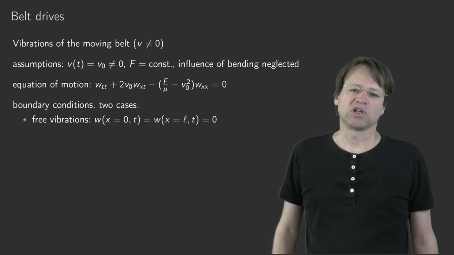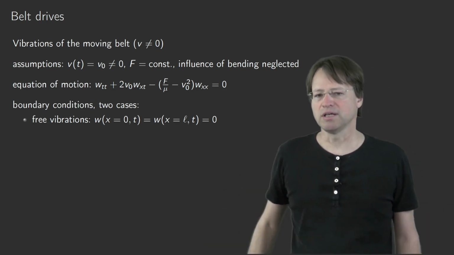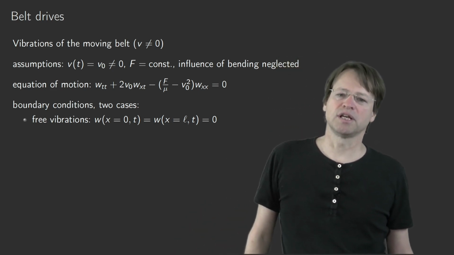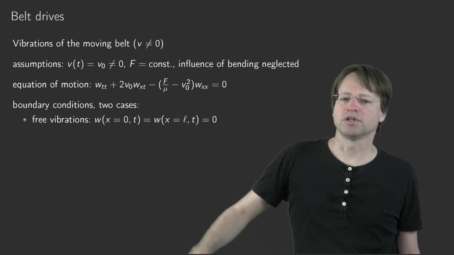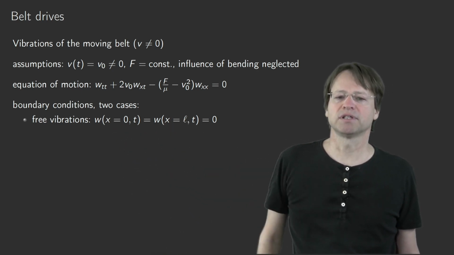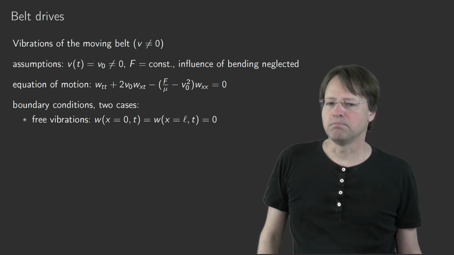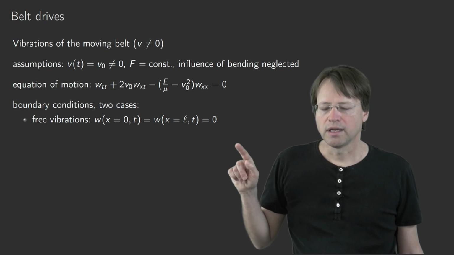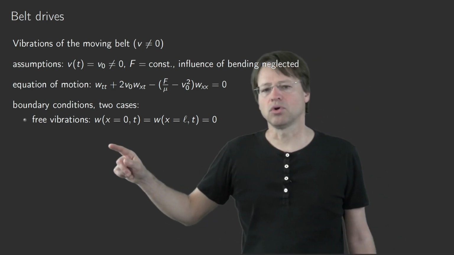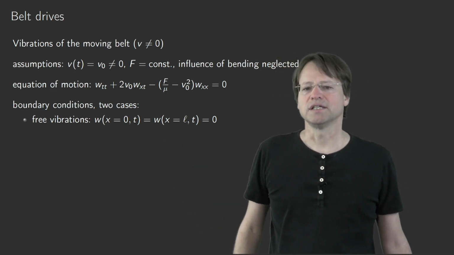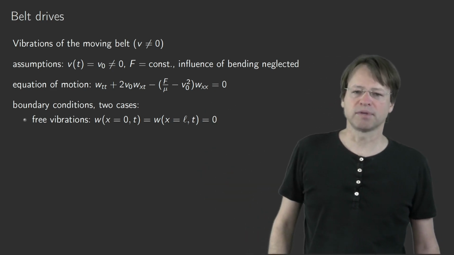First, the classical case of free vibrations and the same boundary conditions. Well, it's not totally the same, we'll look at that in a moment. For these free vibrations, namely, we have no displacement at the left and the right part of the belt. However, the second condition, namely that the belt is torque free at these two points, is absent, because we have only the second derivative with respect to space now.